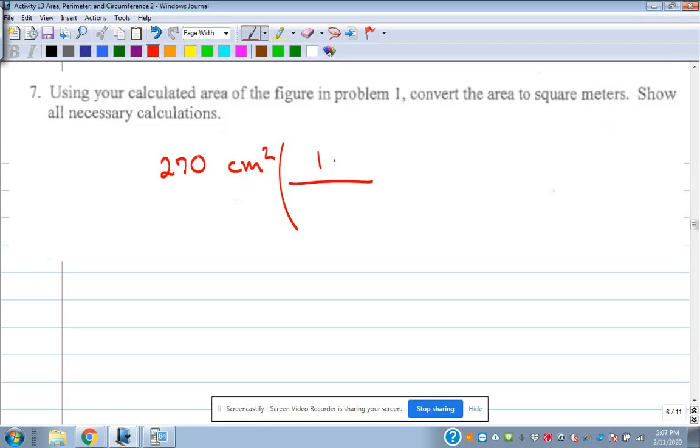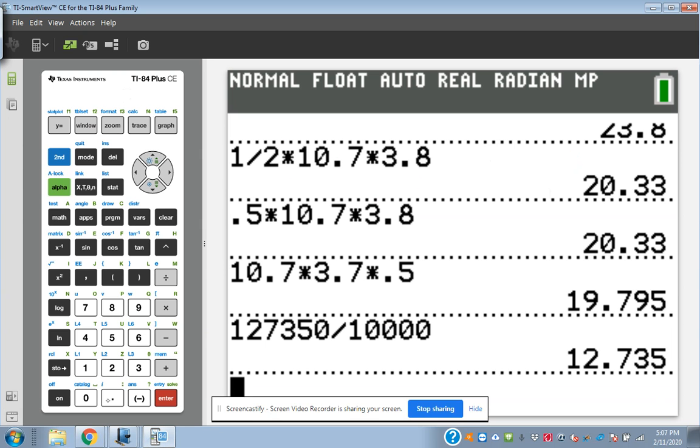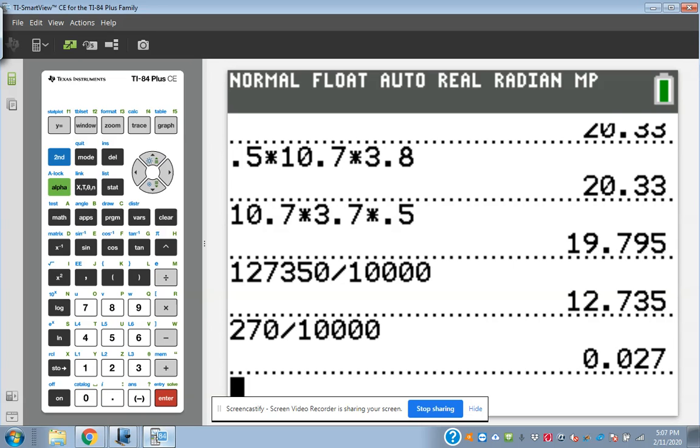Again, 1 square meter is 10,000 square centimeters. So that's going to move the decimal place 4 times. 1, 2, 3, 4. 0.0270 square meters. I'll check myself. 270 divided by 10,000. Yeah, that's the same number.